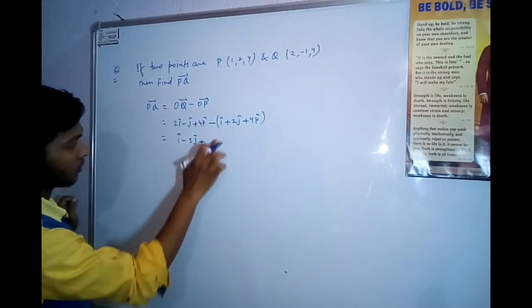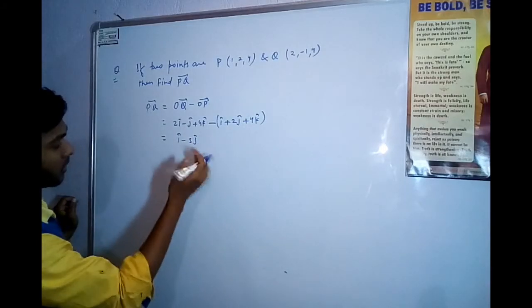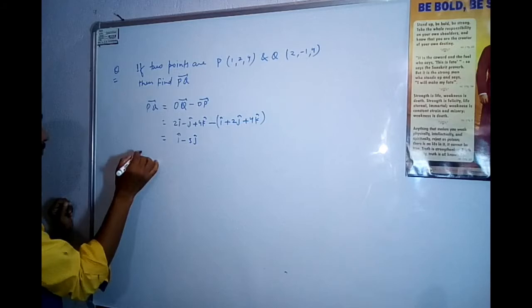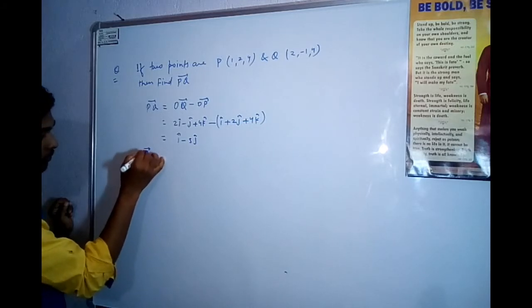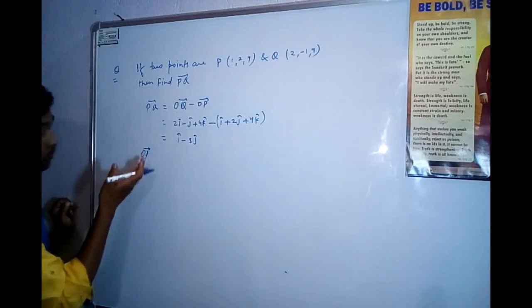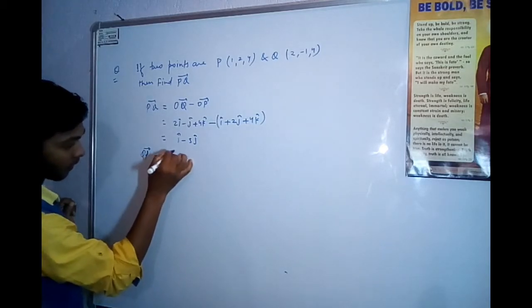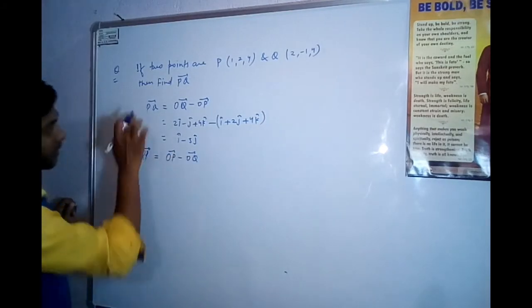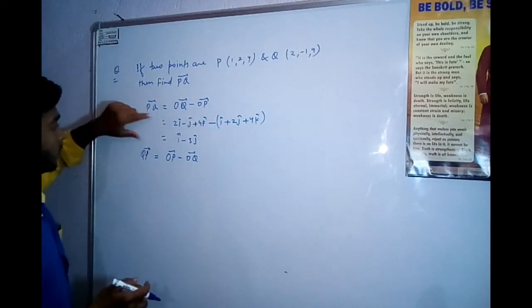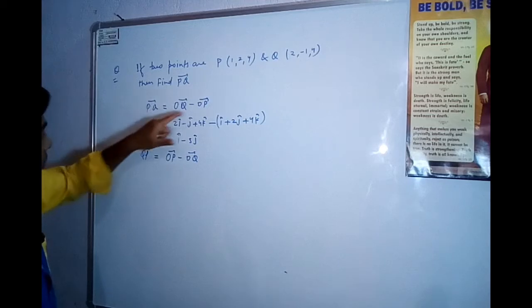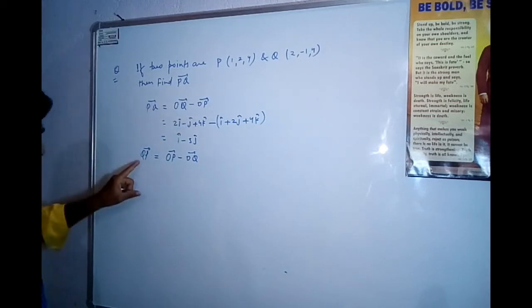0k, we can write it too. So this is for PQ. If QP is asked also, how to write QP? QP is nothing but OP minus OQ, as here PQ means OQ minus OP. OP minus OQ.